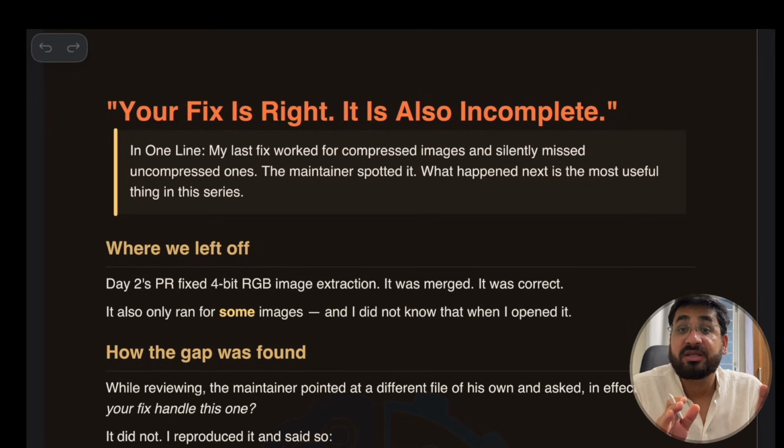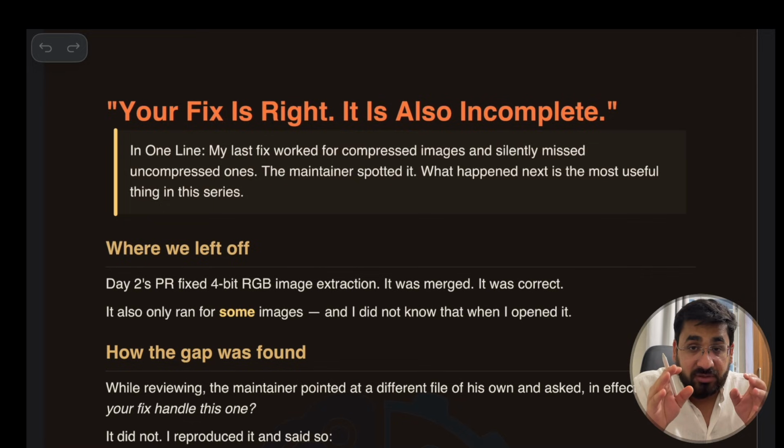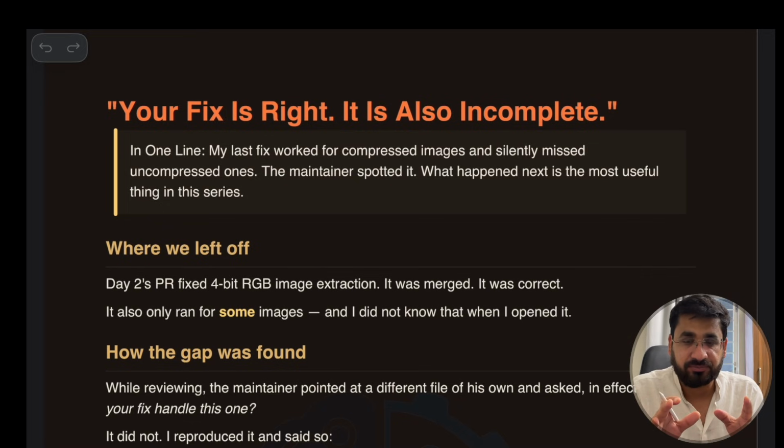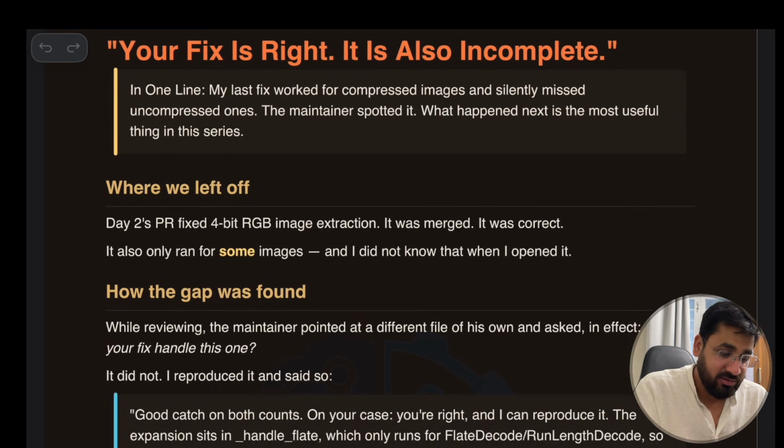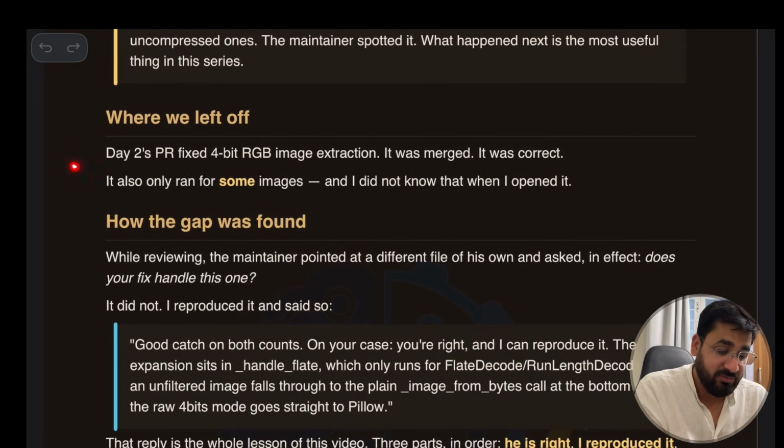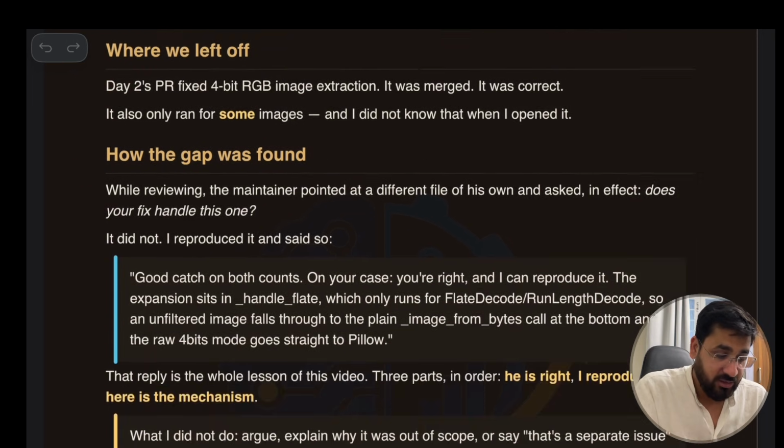It was not covered for uncompressed images, because my thought was restricted to that issue, not a general purpose one. For general purpose, no matter what type of image is coming, my solution should cover every aspect. That I missed, and the reviewer commented on it, and you can see where we left off.